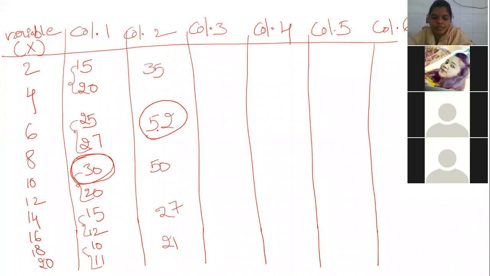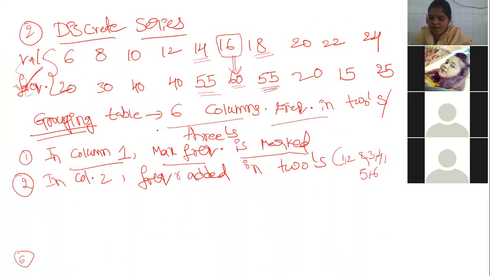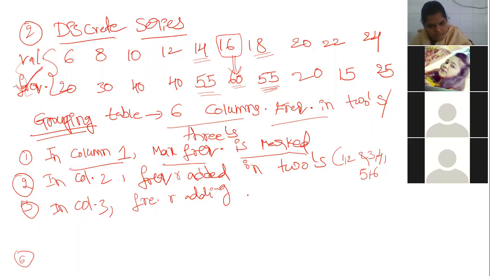Then just go for the description part. In the third point, that is in column 3, just write down frequencies are added in twos by leaving the first frequency.